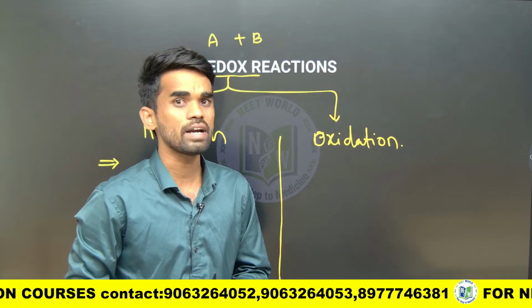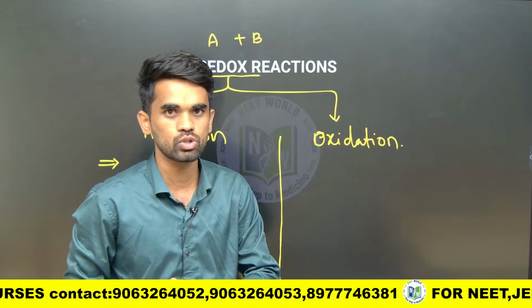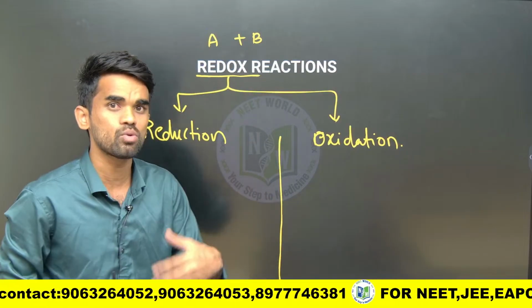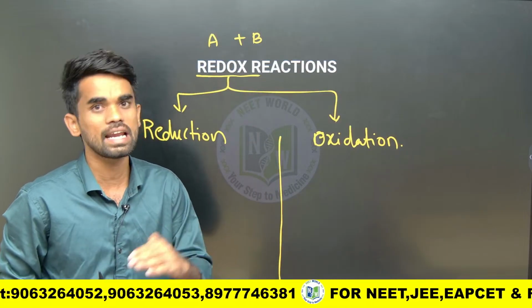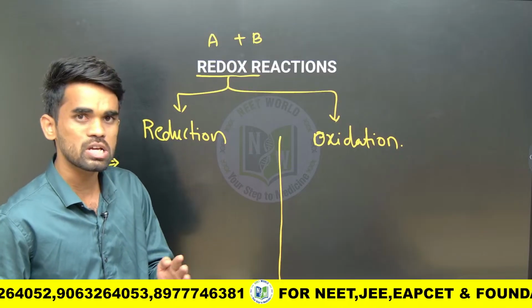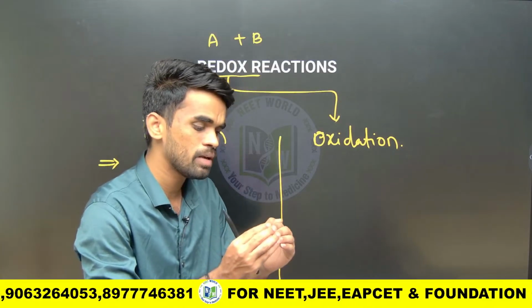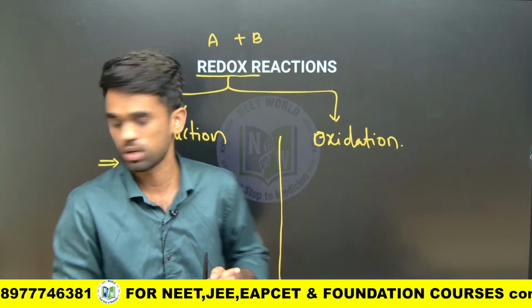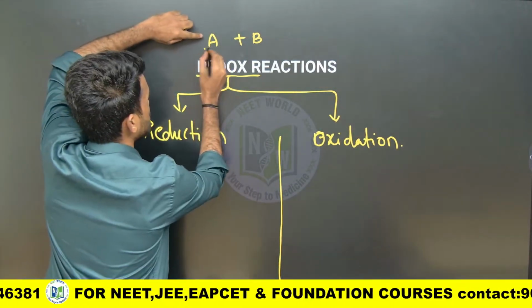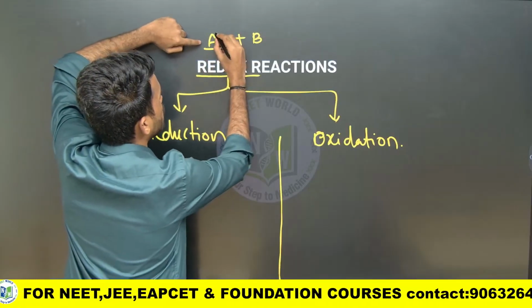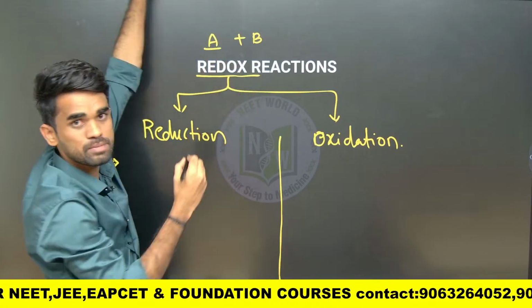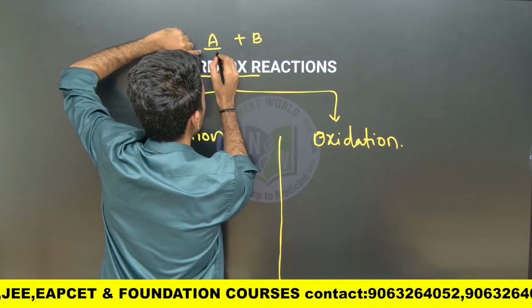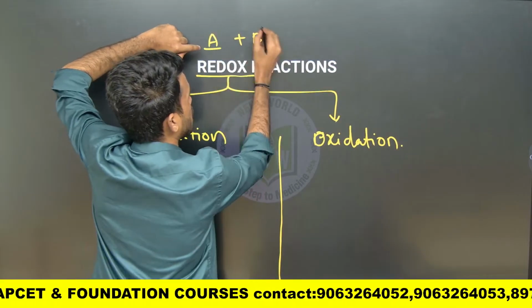Non-metals are generally more electronegative and metals are electropositive. Electropositive species release electrons and exist in the positive form. If A is an electropositive metal, it will lose an electron and form the respective cation, and the lost electron will be taken by B.